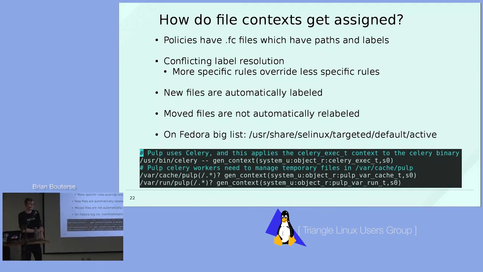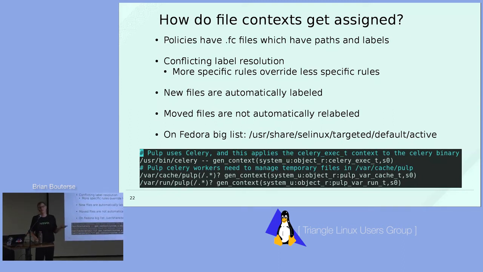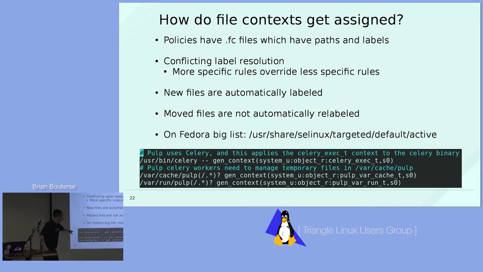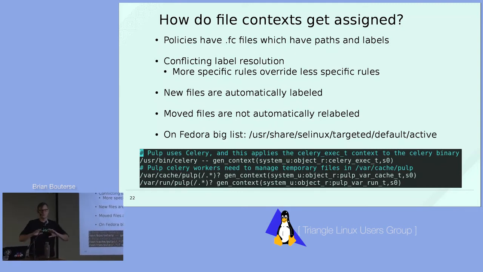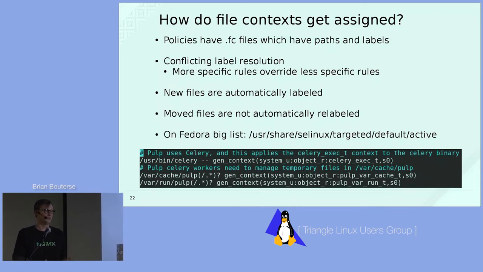So if my Pulp system was in a really weird state and I knew the file contexts were the problem, you could do a big restorecon, but you'd have to run restorecon for each of the paths in the policy: restorecon this, restorecon that. So fixfiles looks into a particular policy and applies automatic relabeling to get the files on disk relabeled according to what the policy defines.